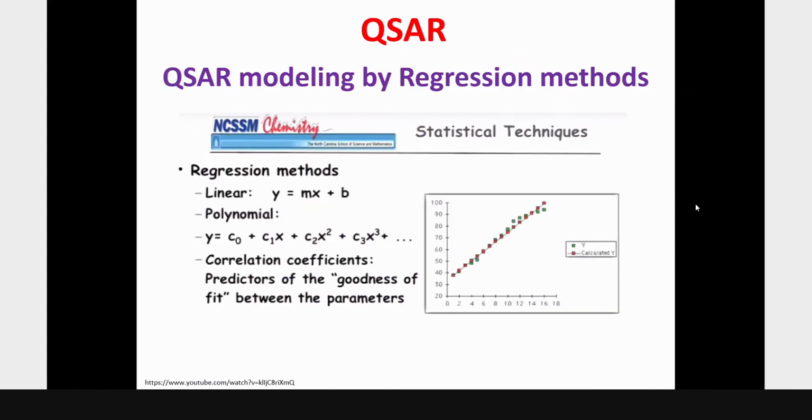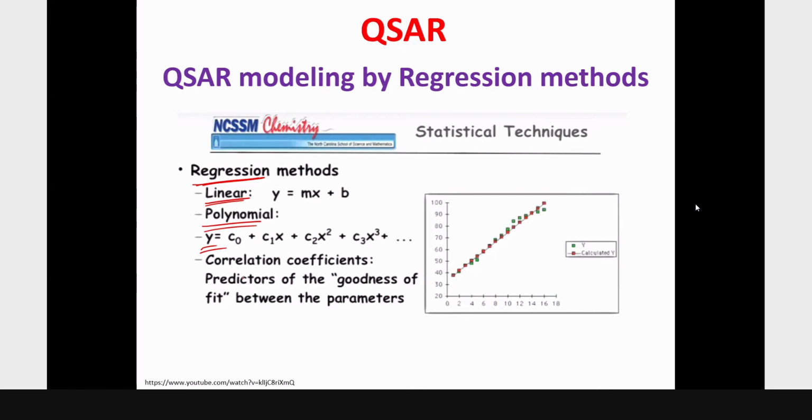We are going to deal with techniques like regression: linear regression, multiple linear regression, polynomial regression, and see how, using these methods, we can predict the values of y and get more and more accurate models.